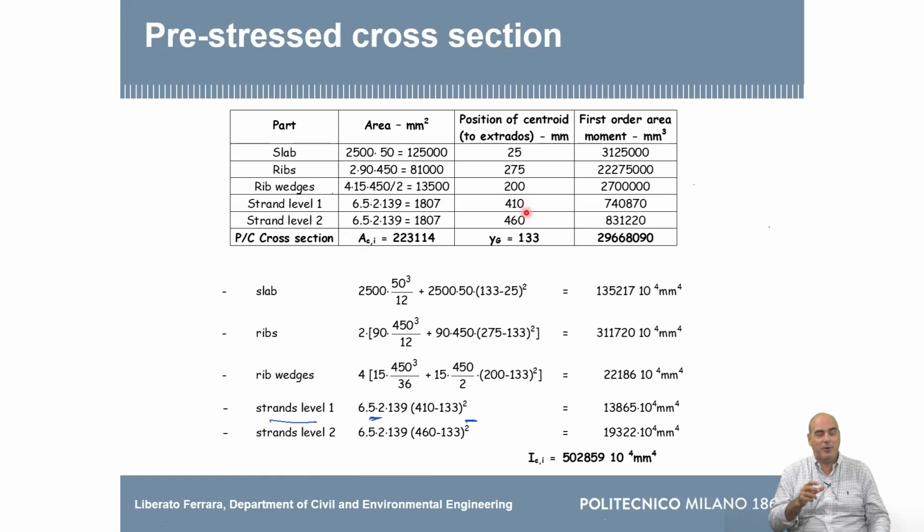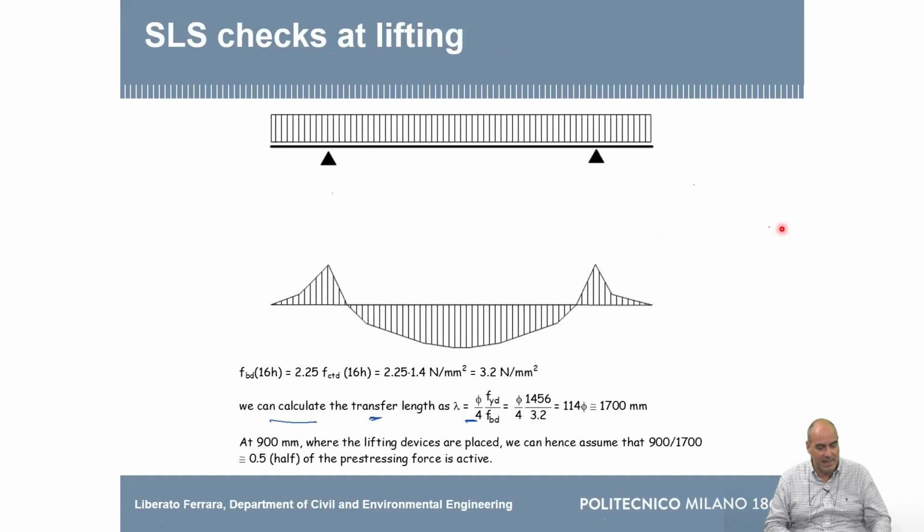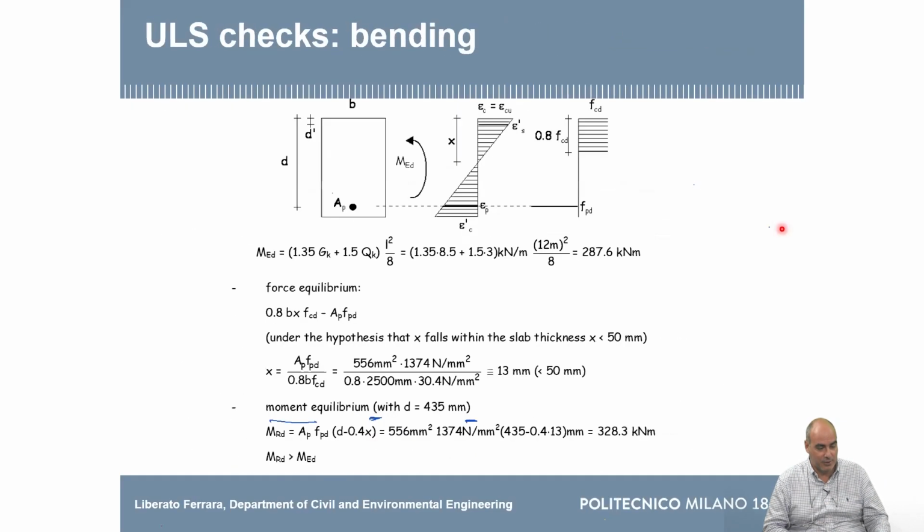This implies that your cross-section is not 100% effective, it's like your cross-section is larger. So this accounts for the fact that when you release the pre-stressing, you have some initial shortening. This is the way to account for it. And in some textbooks, you find it as an instantaneous tension drop, which is the way in which you fictitiously, or practically I would say, take into account the elastic shortening.